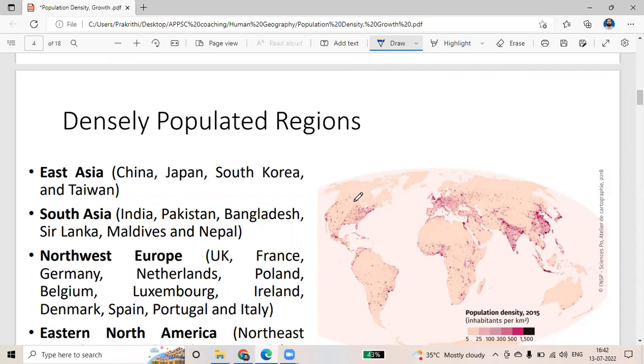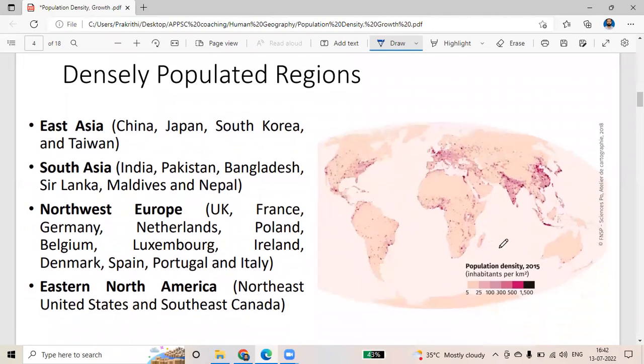Now regional wise, if you look at this map, here you can see these areas where the colors are high, these areas have high population concentration. तो इसी एरिया पे concentration ज्यादा है, इसी एरिया पे ज्यादा है, and some area here also. So these are the four regions where the population density is very high. Let's see what they are.